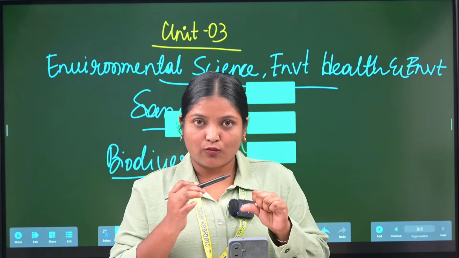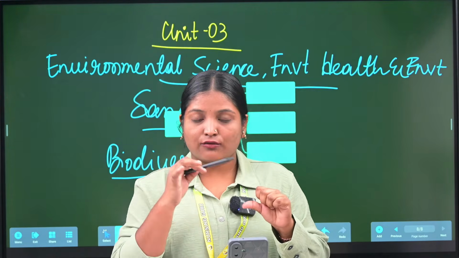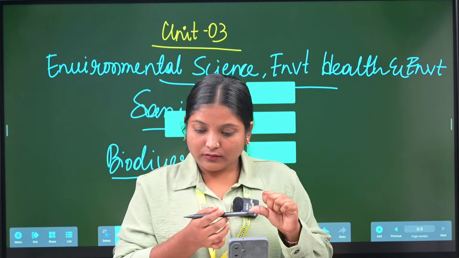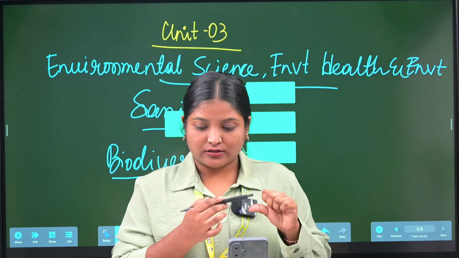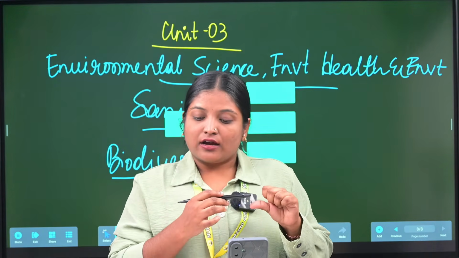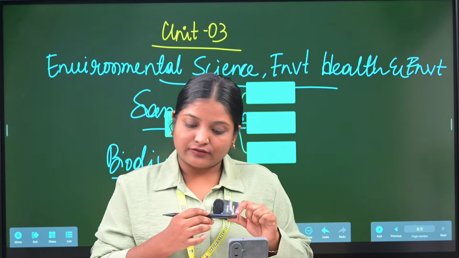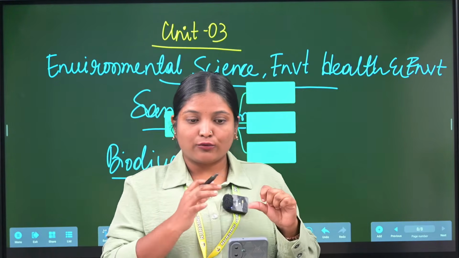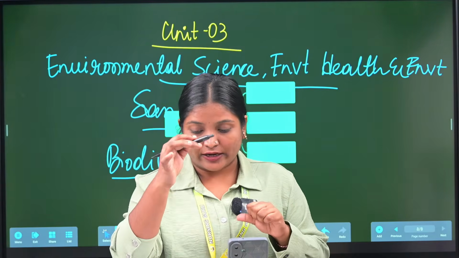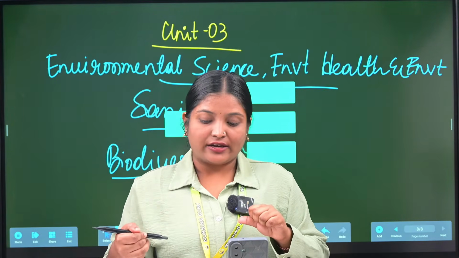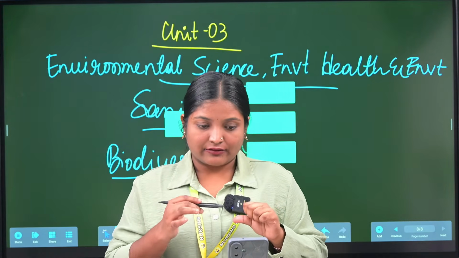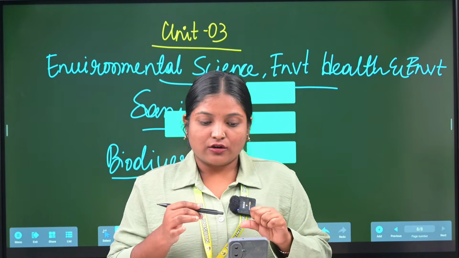In that, water purification, the sources of water, how we use the water, the purification process, household purification of water. Next is physical and chemical standards of drinking water, the quality, how to check it using different tests. In water you also have to focus on rainwater harvesting.